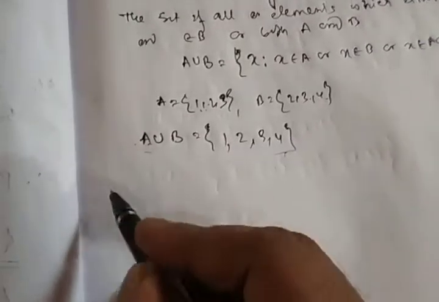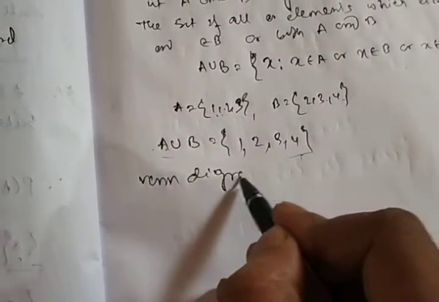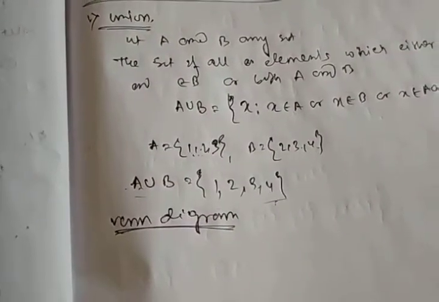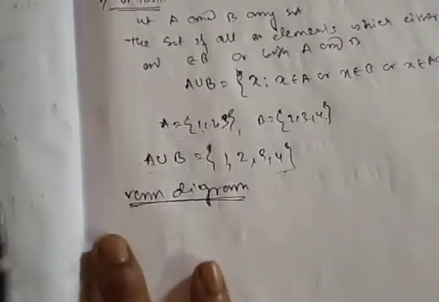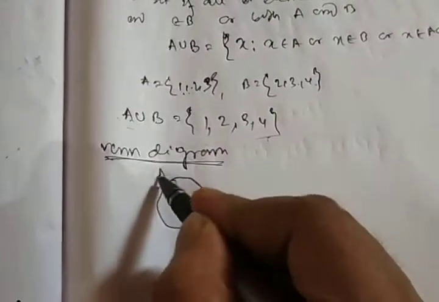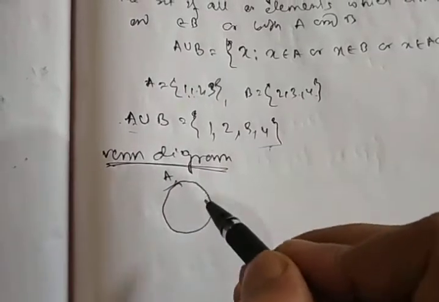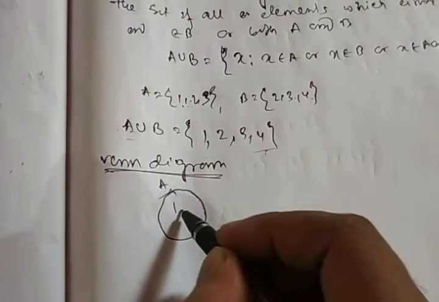Now, the Venn diagram. A Venn diagram is a representation of sets. Here we take a geometrical figure, such as a circle, as a set. For the set A, the interior of the circle includes all the elements of the set A, so here you can write 1, 2, 3.